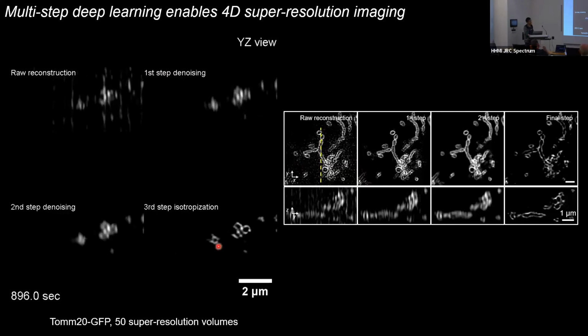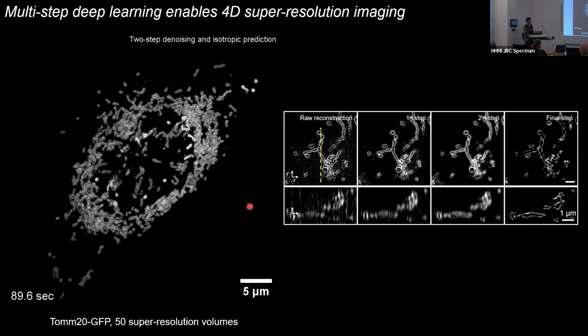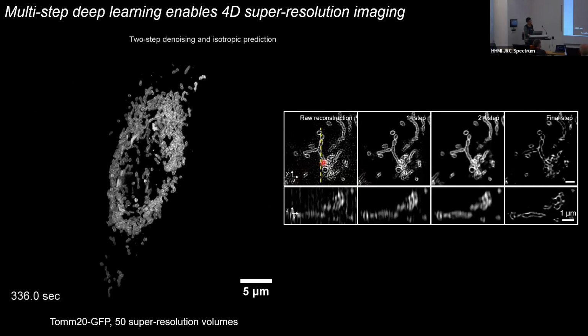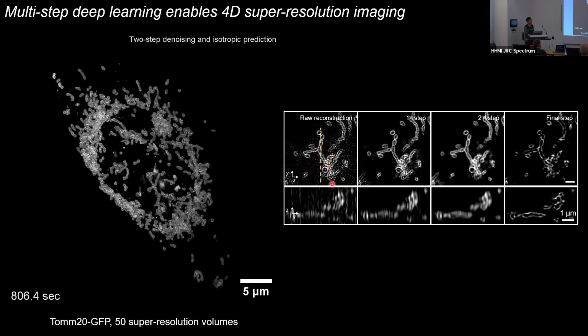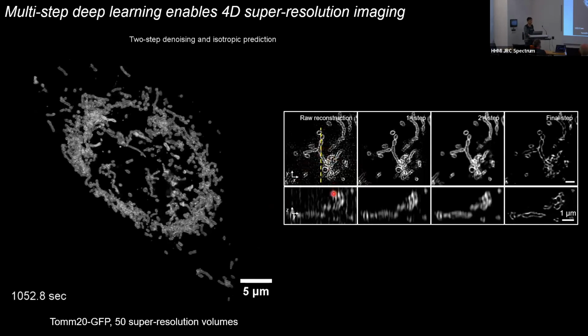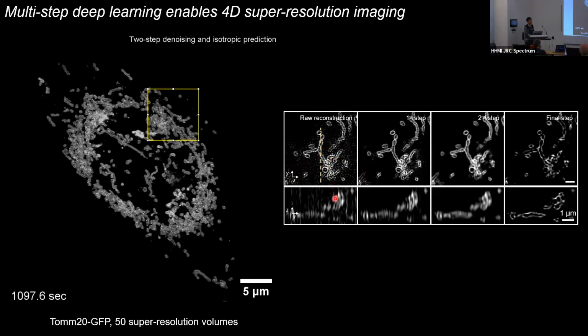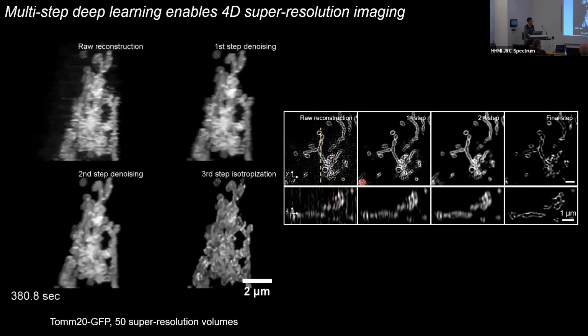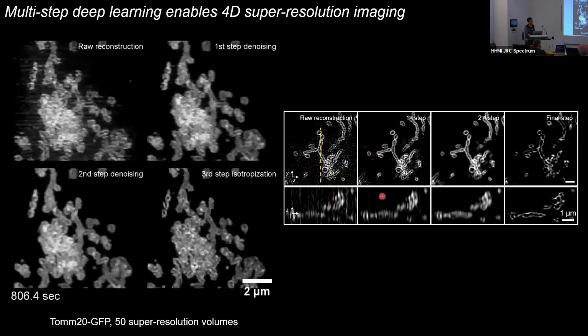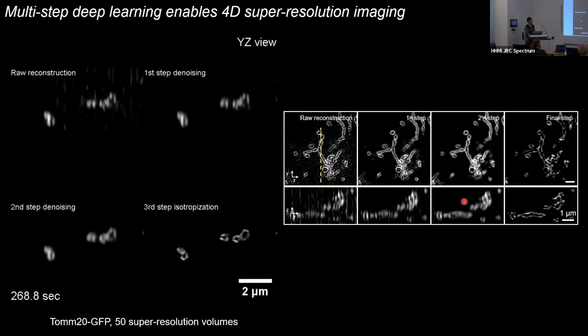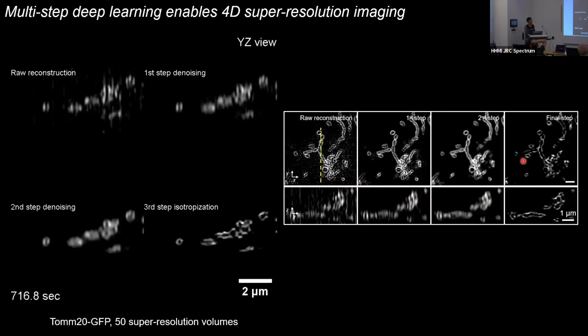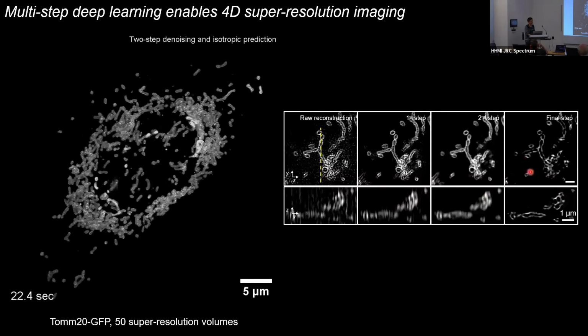You can see the void regions inside, along the axial view, and the resolution improvement along that. This is a raw reconstruction without any manipulation, which means that the SNR is low and the resolution along the axial Z view is terrible. And after the first step of denoising, okay, it looks a little bit better, but the axial resolution is still not good. After the second denoising and after the isotropic resolution improvement.